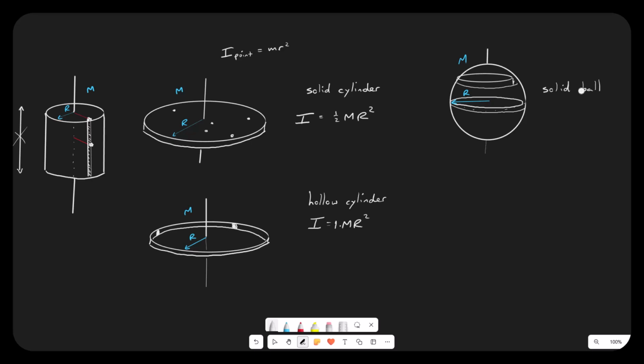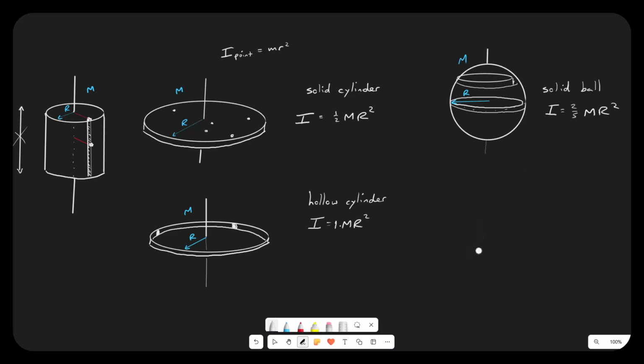So what I expect is that for a solid ball I will get a smaller moment of inertia than for a solid cylinder. And that is what I get. I end up with 2/5 mr squared. It's not a lot smaller, right? 2/5 is 0.4, 1/2 is 0.5, so it's not a lot smaller, but it is a little bit smaller.